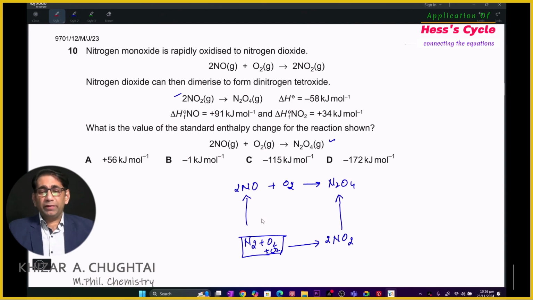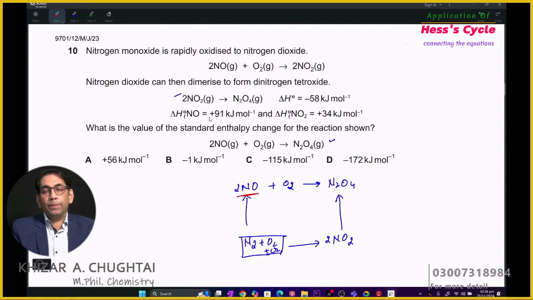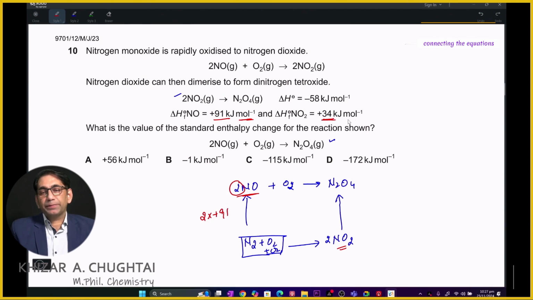So I'm going to put the values of different enthalpies. Number 1, formation of NO. Here is the formation of NO with respect to 1 mole, but I'm going to make 2 moles. So 2 multiplied by plus 91. And here is the formation of NO2. The formation is given with respect to 1 mole.